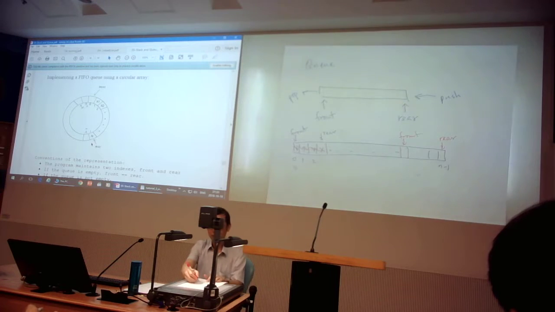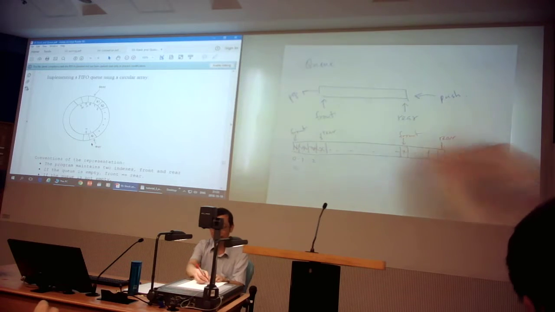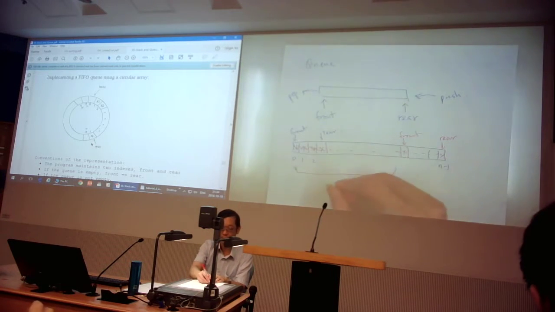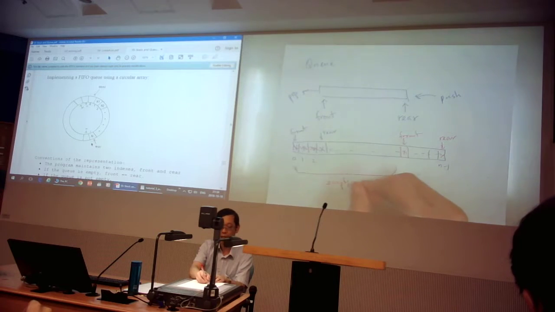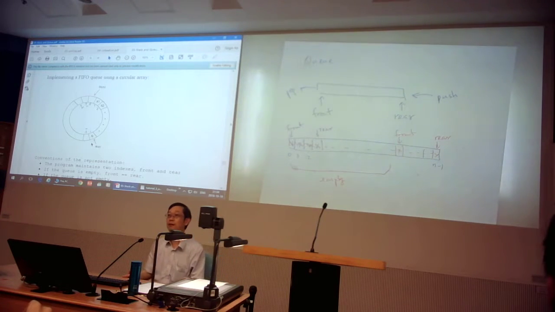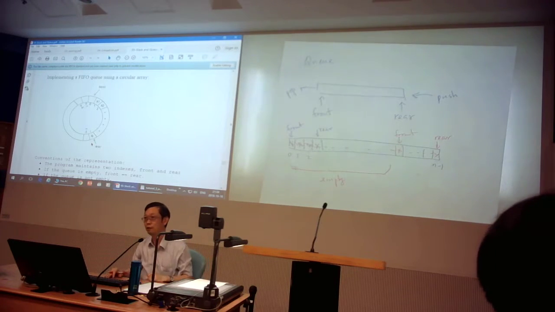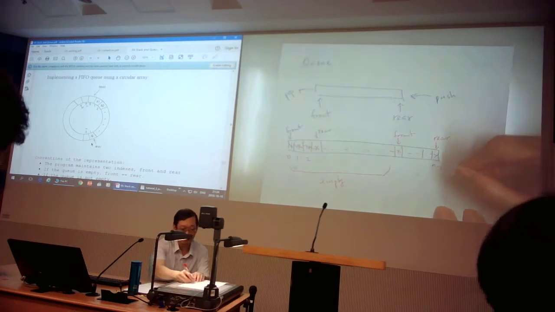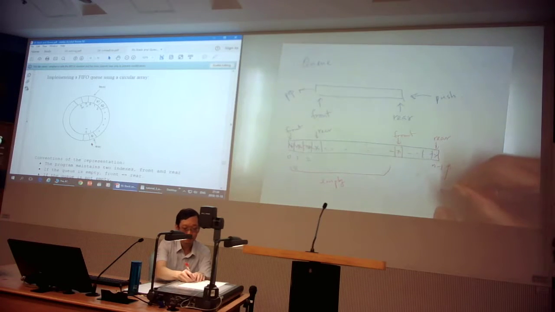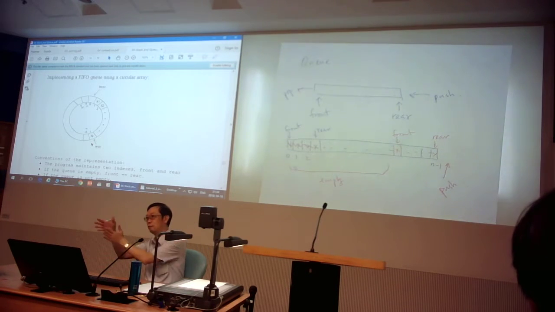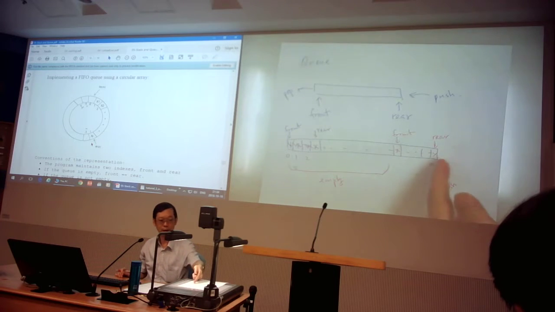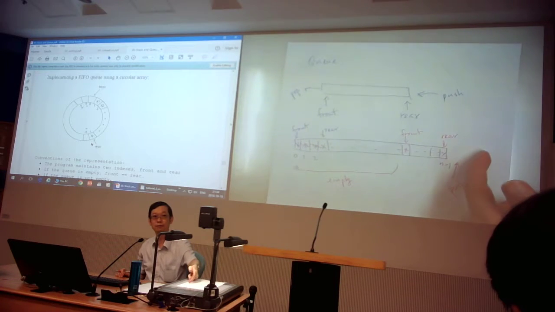Now you have some items here, and this part of the array is empty. So if you interpret the array as the conventional linear array, and you want to add one more item at the end, you find that you don't have the space at the end.